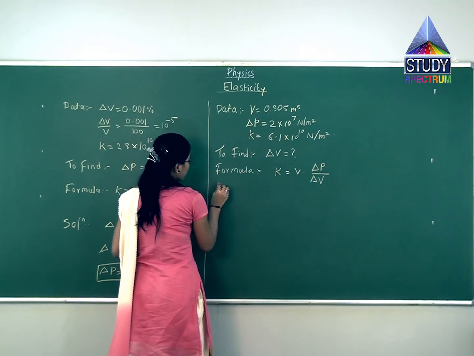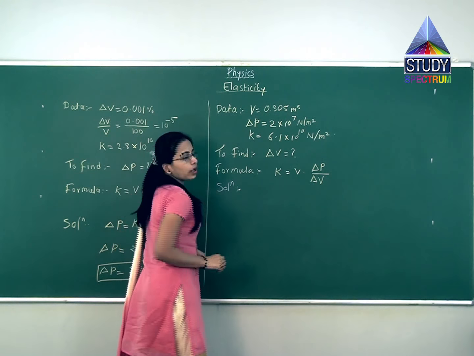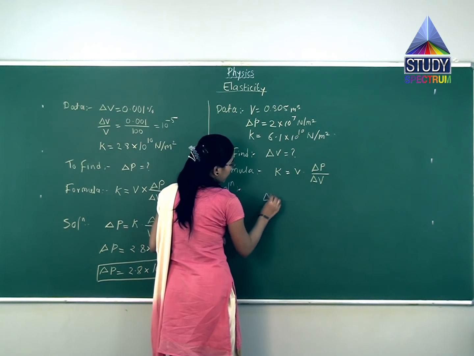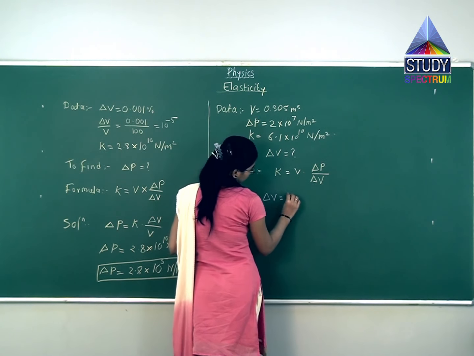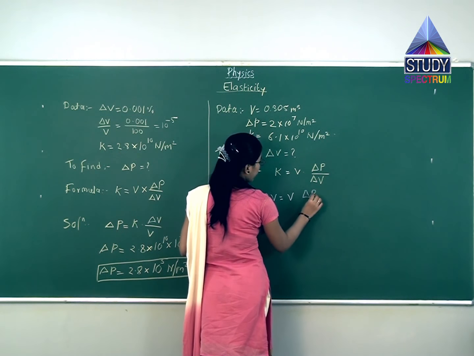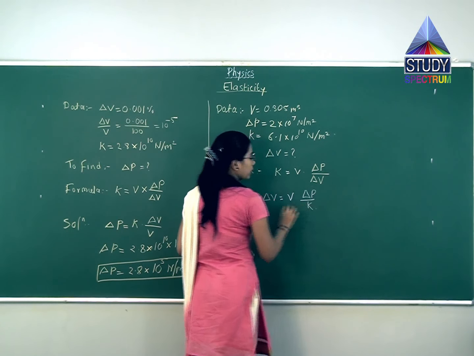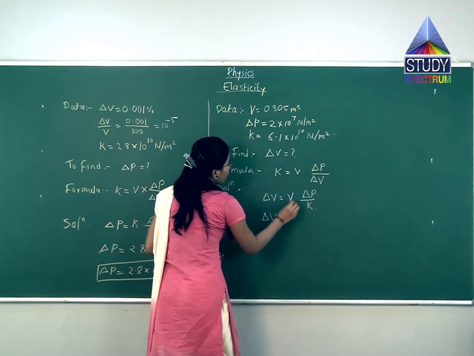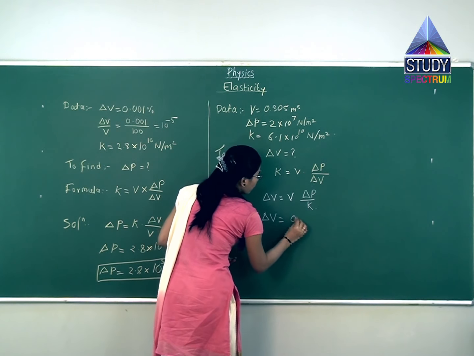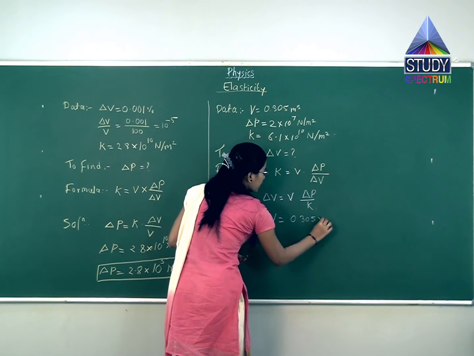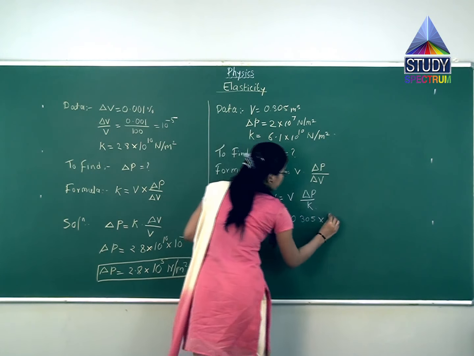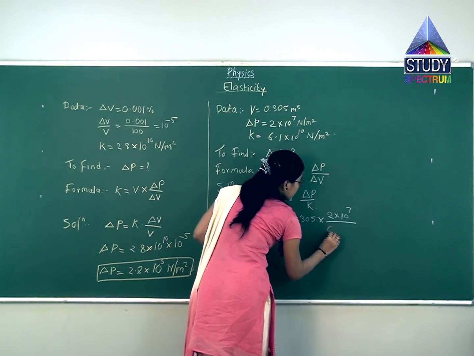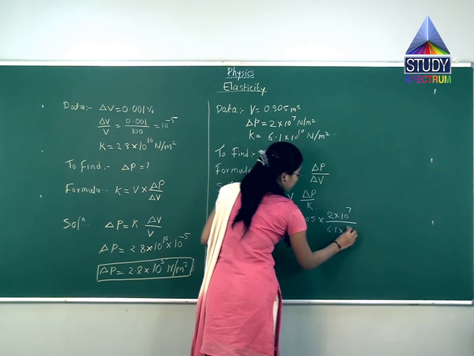So let's start solving. So here is your solution. Now we have to find out delta V. That's why we will take delta V here. So delta V is equal to V into delta P upon K. I just interchanged the sign. So delta V is equal to V is 0.305. Then delta P is 2 into 10 raised to 7 and K value is 6.1 into 10 raised to 10.